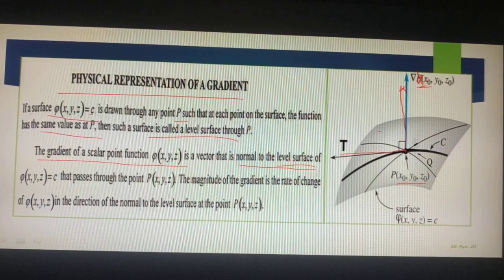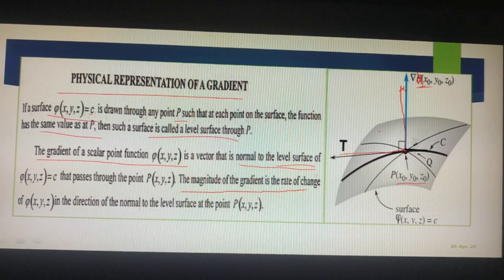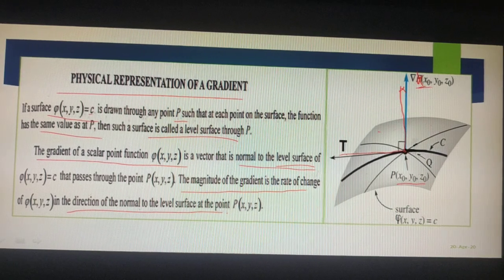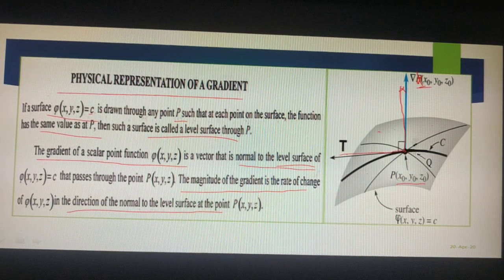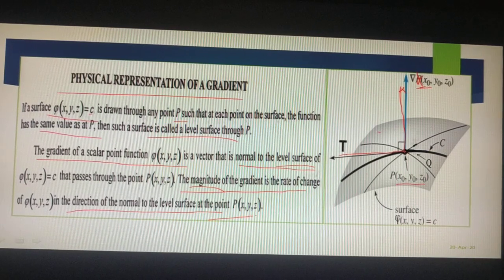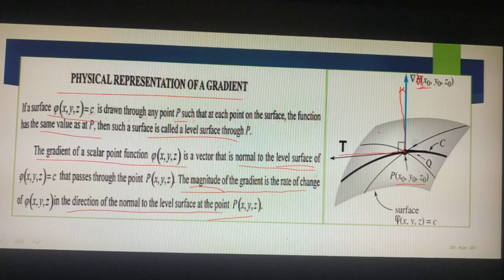So that's why the magnitude of the gradient is the rate of change in the direction of the normal to the surface. The highest rate of change we will get is in this normal direction. So grad phi is a very simple definition: we are finding the slope in the direction normal to this surface.